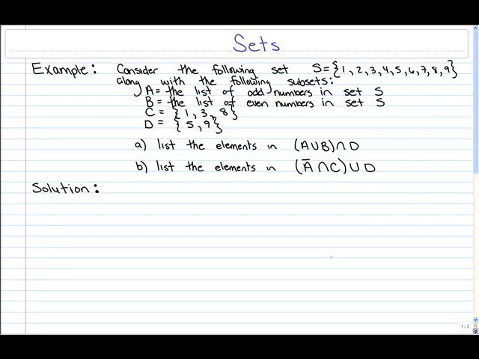Now for part A and B, I want you to go ahead and pause the video and try to answer these questions, keeping in mind what union and intersection and complement are. Those are just three basic operations on sets. So pause the video now and work out part A and part B.